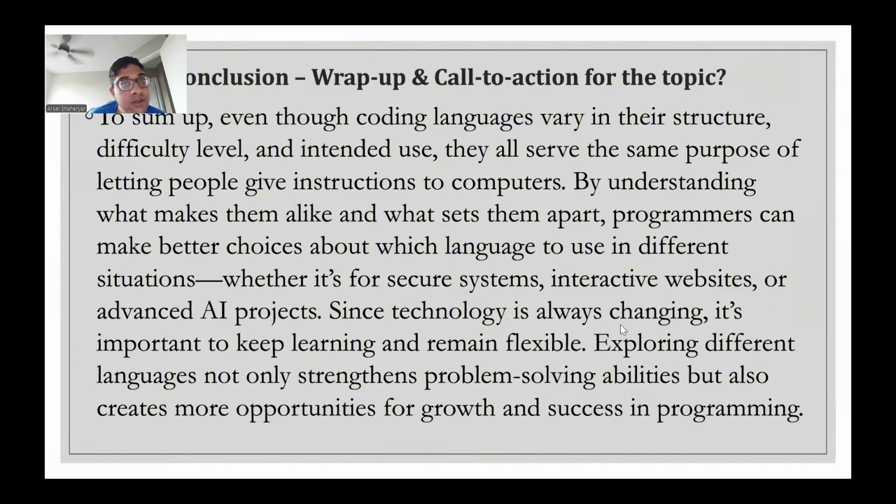To sum up, even though coding languages vary in their structure, difficulty level, and intended use, they all serve the same purpose of letting people give instructions to computers. By understanding what makes them alike and what sets them apart, programmers can make better choices about which language to use in different situations, whether it's for secure systems, interactive websites, or advanced AI projects.